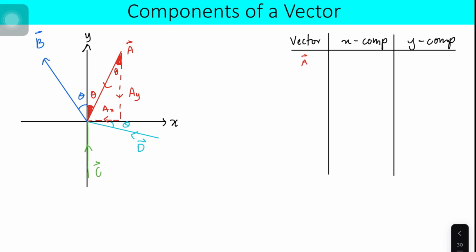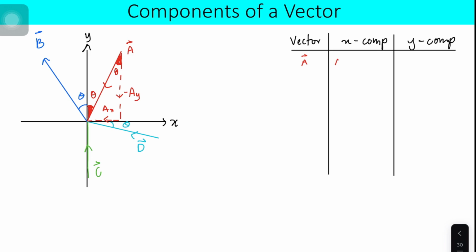Okay. So now, AY has a negative sign. Why is it? Because it's pointing towards the negative y-axis. And AX has a negative sign as well because it's pointing towards the negative x-axis.